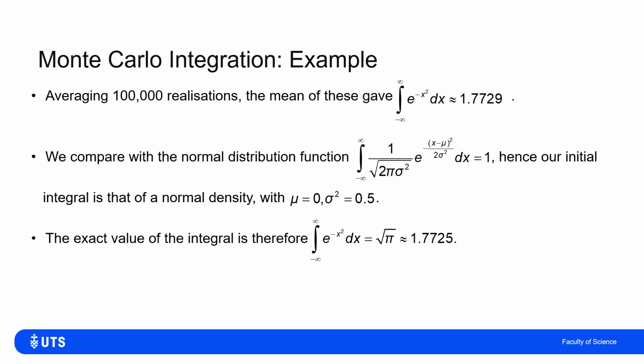So what this does tell me is that if 1 over the square root of pi times that integrates to 1, then the integral has to be the square root of pi, which in fact is approximately 1.7725. I was getting 1.7729 off my numerical estimate, which was very good.